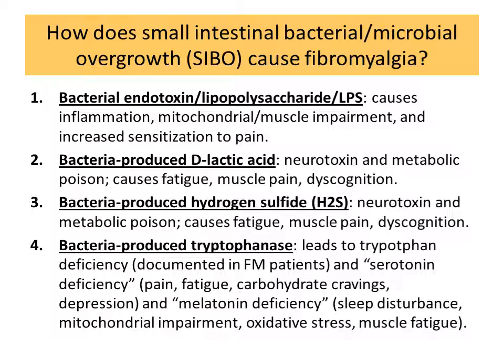And indeed, those are things that we see in patients with fibromyalgia. So this is just kind of the tip of the iceberg, so to speak. But I think that these 4 considerations that I've reviewed right here certainly provide some scientific substantiation for the microbial etiology of fibromyalgia, or in other terms, how bacterial and microbial overgrowth of the small intestines can lead to the clinical picture that we describe as fibromyalgia.